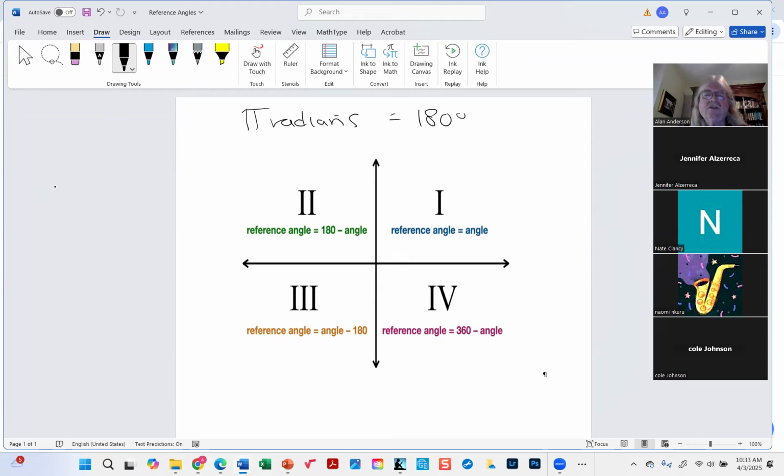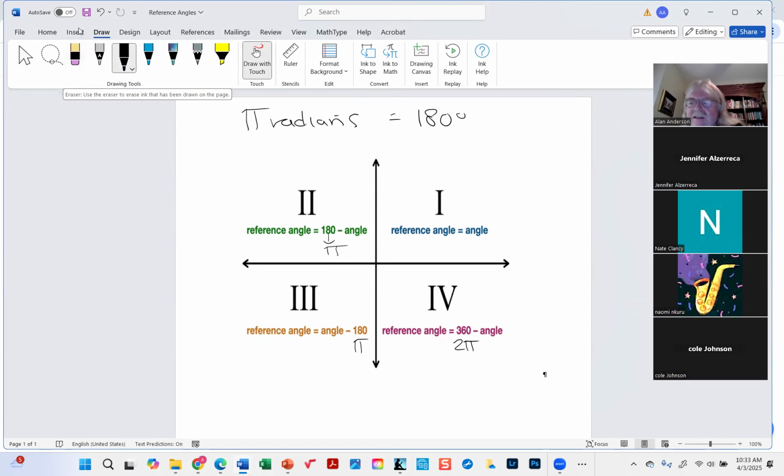So I can go through this chart and replace the degrees with the corresponding number of radians. So remember, like here, for example, 180, I'm replacing it with pi. This is now pi. And then down here, this becomes 2 pi. Okay, so that's all you have to do to use this exact same chart with radians.